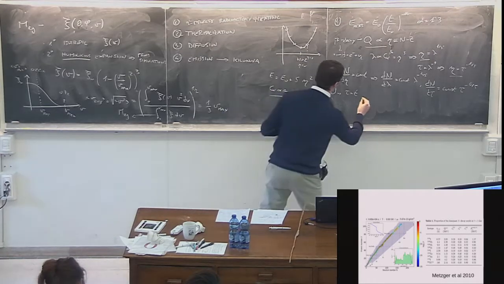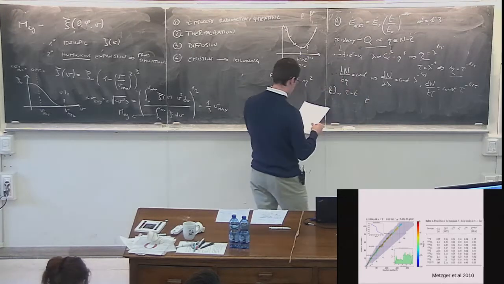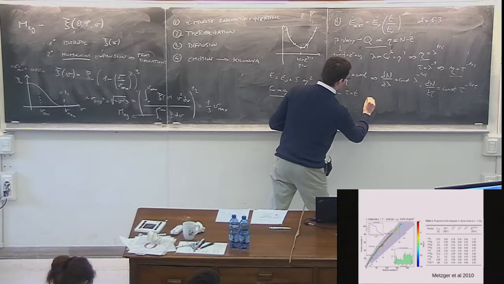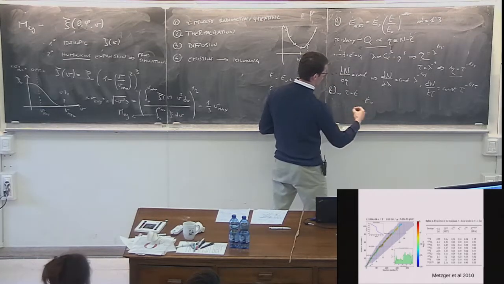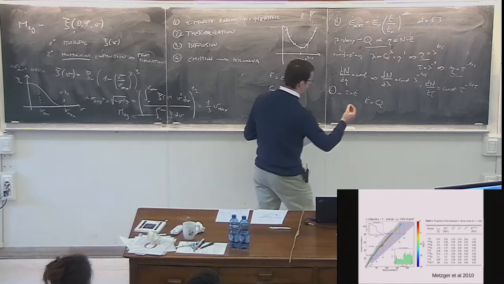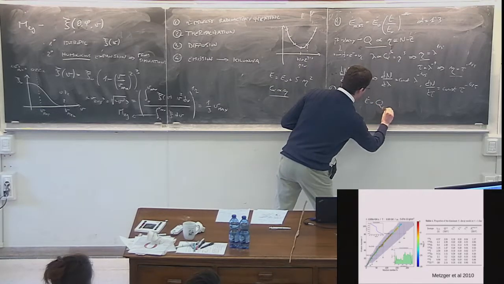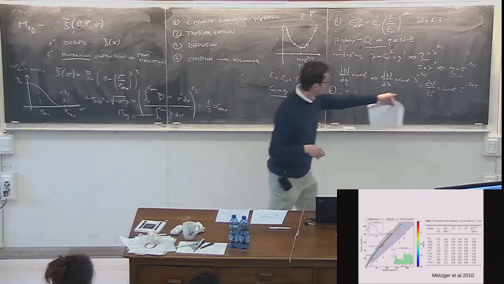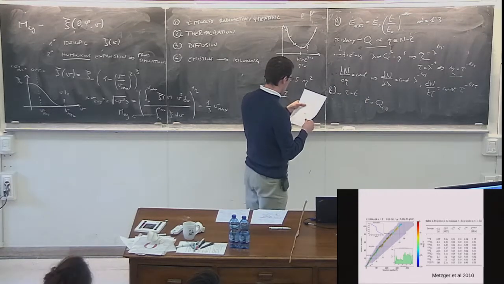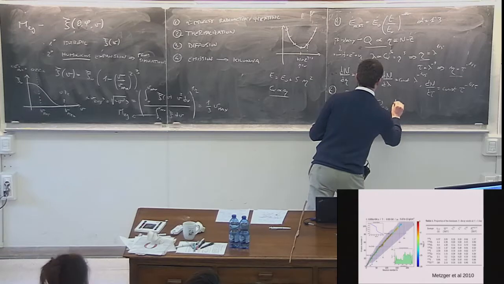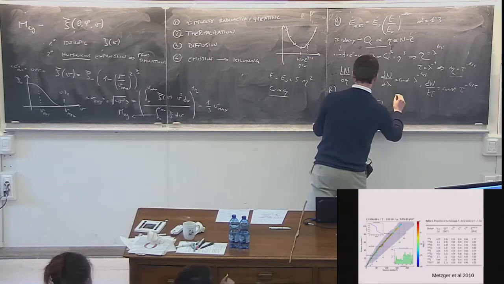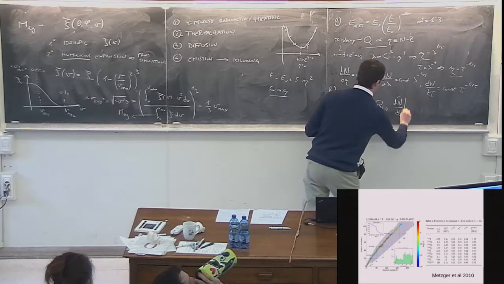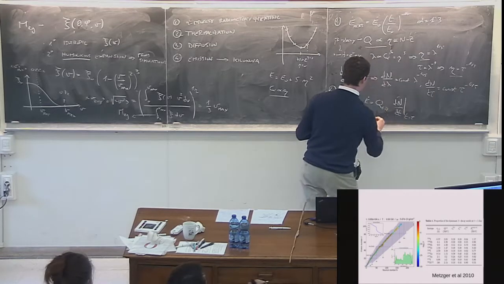What is the amount of nuclear heating at that time? E dot. Well, we have to pick a certain nucleus, a certain Q value, but the heating is somehow proportional to the Q value of that reaction. So I put the label t equal tau to say that it's the specific Q value of the reaction that has a tau equal to t. Then we have to multiply, of course, by the amount of nuclei that decay per unit time. But remember that now we are evaluating this at t equal tau, so I can just pick up this formula.